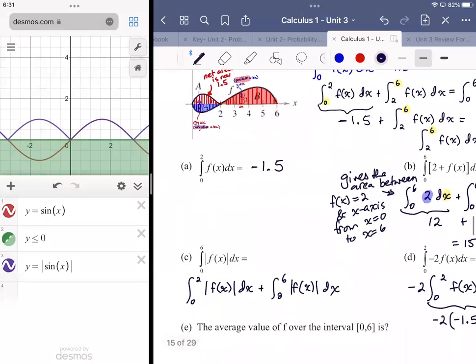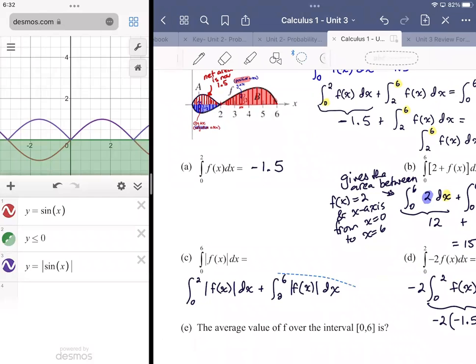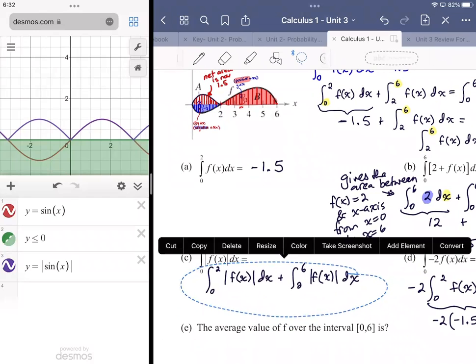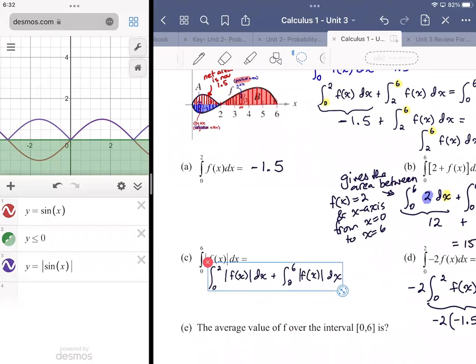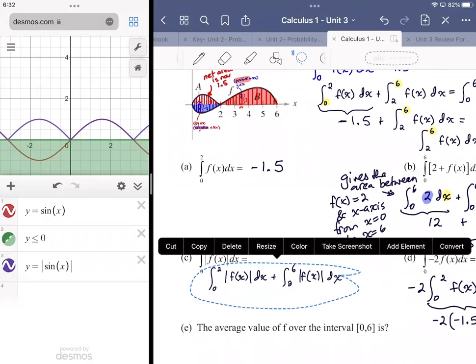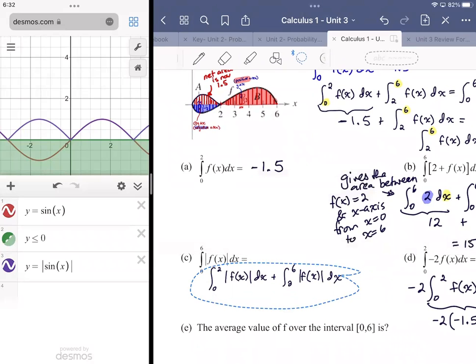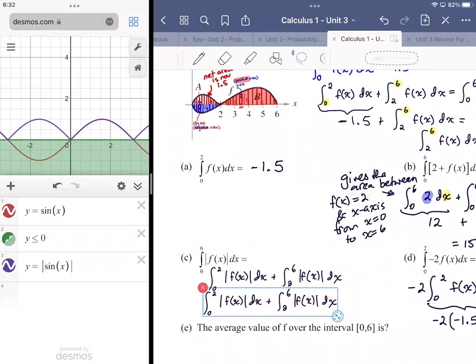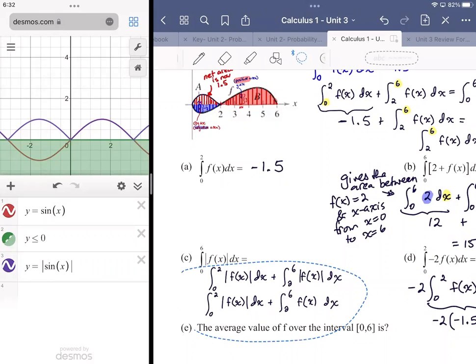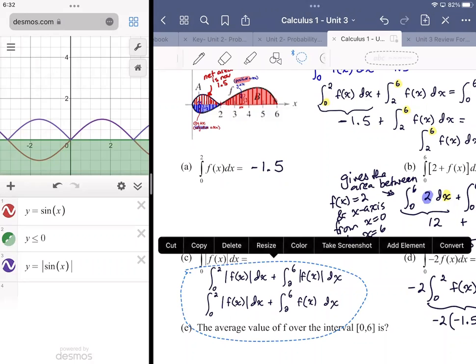But the part from 2 to 6, well, that's equivalent whether it's absolute value or just the ordinary function itself, right? So this would be equivalent to this, all right? So then this is where things get a little more interesting.